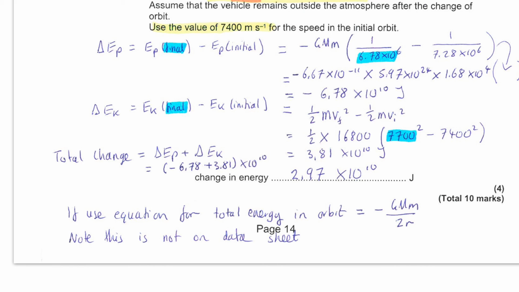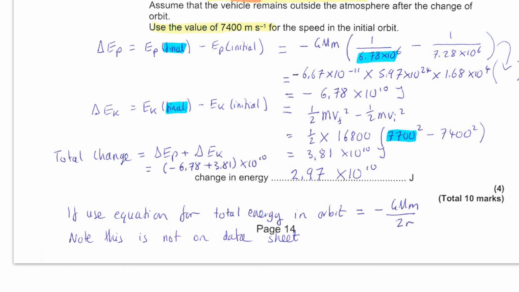That is mathematically different. You can, however, take the half m out and then in the brackets have the difference between the two velocities squared. So final squared take away initial squared. That leads us to an answer of 3.81 times 10 to the 10 joules.